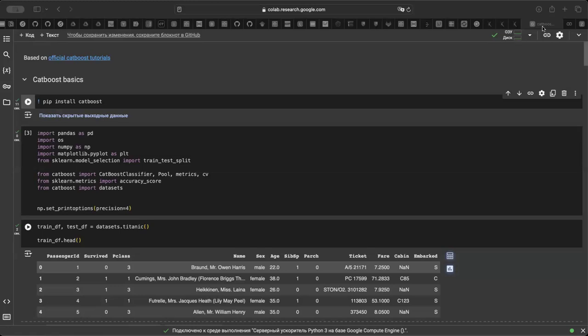And the other thing is that the trees are made up the way the most important features are always in the top of the tree, closer to the root.